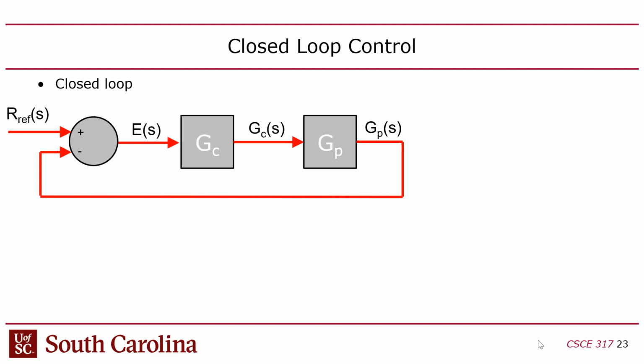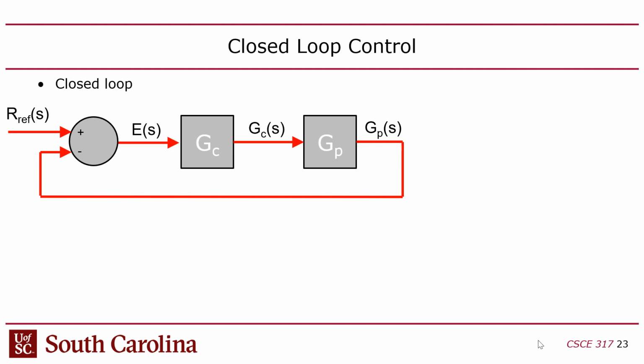So we assume that the computer that's controlling it knows the position, because that's the input. We know what we want the position to be, and we can determine what the force is. The force that we're putting on the coin is a manipulated variable, and the position of the coin is a process variable. So this is the plant, the coin, and this is the controller. G sub C is the controller, G sub P is the plant.